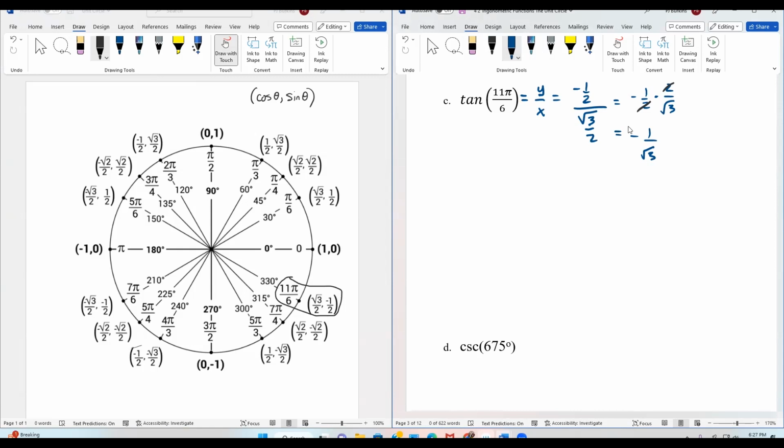It did say we should go ahead and rationalize. So I'm going to multiply by √3 over √3. And that's going to give me negative √3 over 3. And that's the answer that I want.